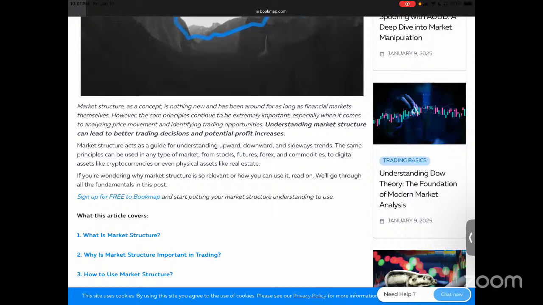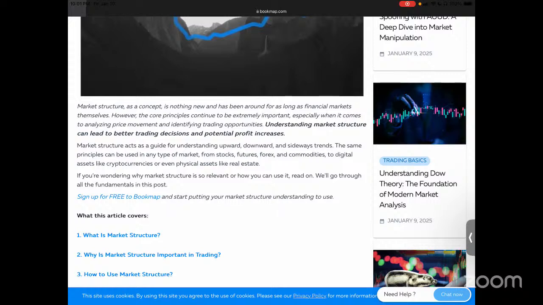You have a bullish trend, which is up, a bearish trend, which is down, and consolidation, where prices make equal highs and equal lows, right? Now, you're going to be able to see this in any market from stocks, futures, forex, commodities, and cryptocurrency.